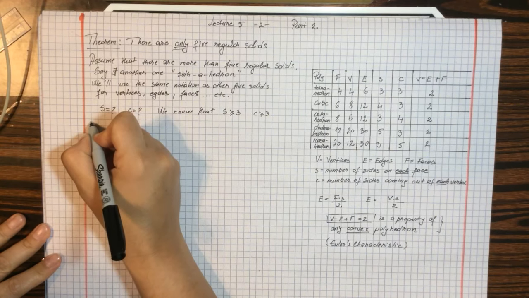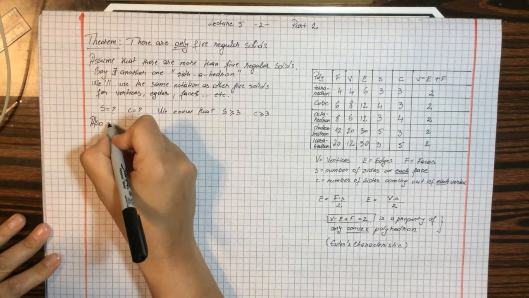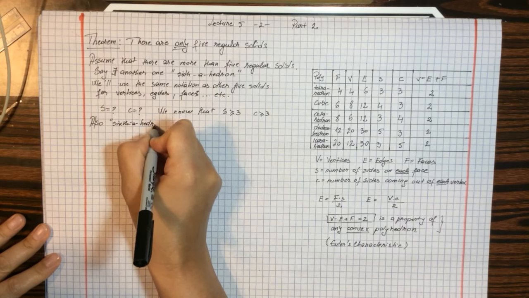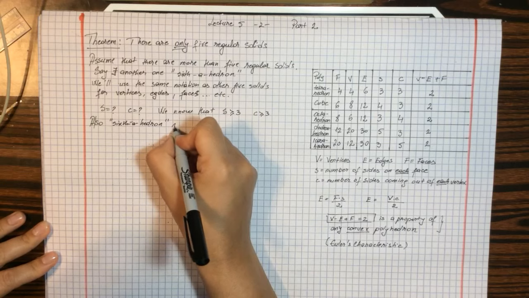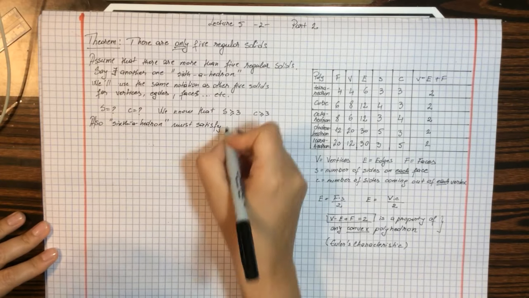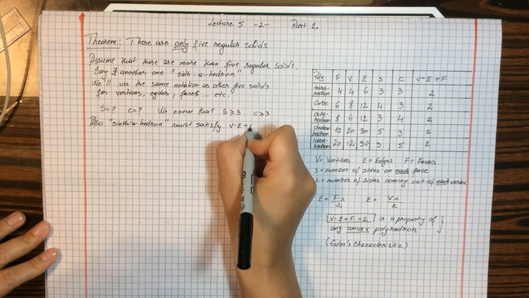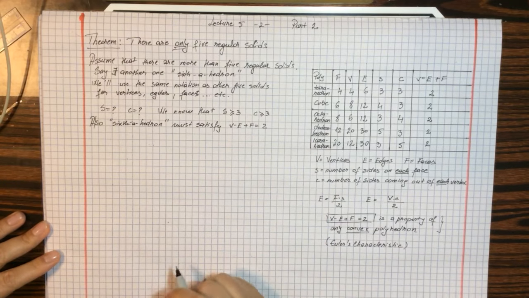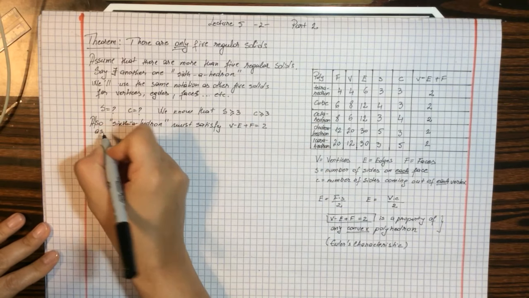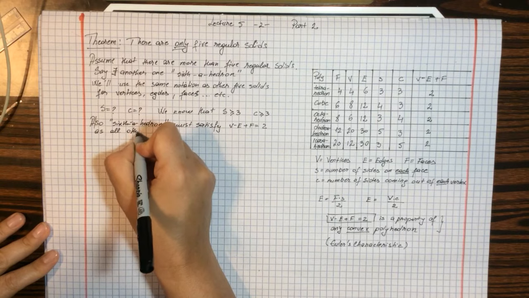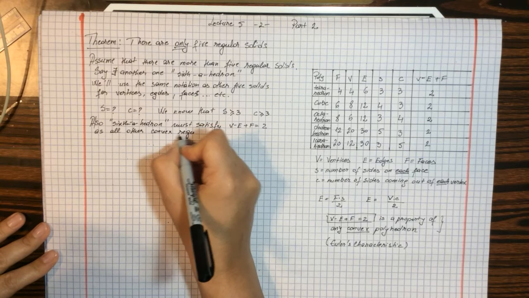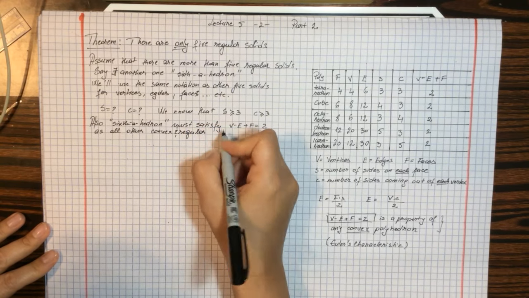So also the sixth hedron must satisfy Euler's characteristic, V minus E plus F equals 2, like all other convex, regular polyhedra do.